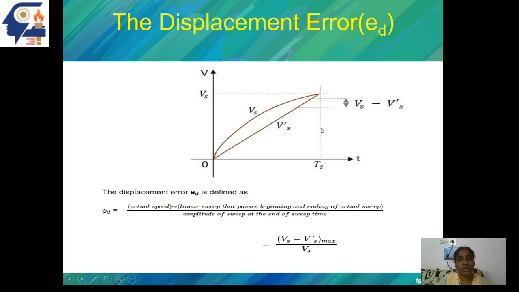The switch is kept open only for Ts seconds. At the end of Ts seconds, what is the sweep amplitude? That is what is used. The numerator is actual sweep minus linear sweep, divided by the sweep amplitude at the end of Ts. This is displacement error.